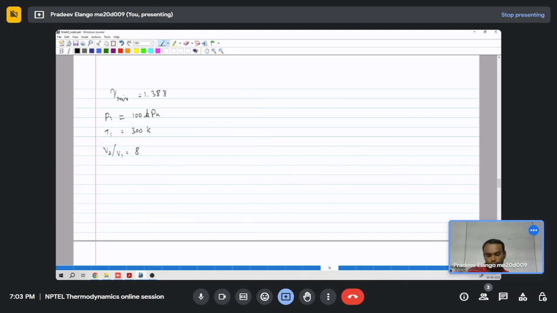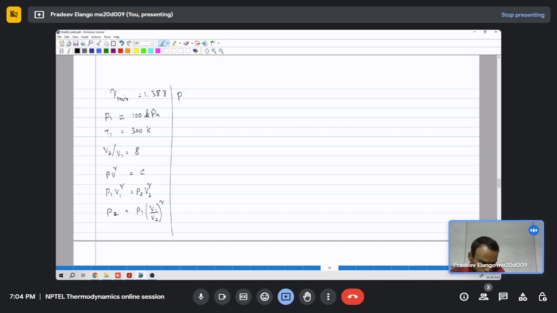Now we can calculate P2 and T2. For P2, we know PV to the power gamma is equal to a constant. So that is P1 V1 to the power gamma equals P2 V2 to the power gamma. P2 is P1 times V1 by V2 to the power gamma.